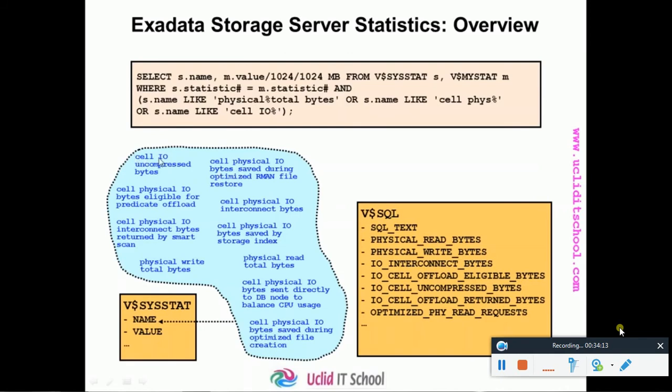For example, cell IO uncompressed bytes, then cell physical IO interconnect bytes, cell physical IO bytes eligible for predicate offload. So most of these statistics will have cell in their name. So any statistic that has the cell keyword is obviously related to storage server.